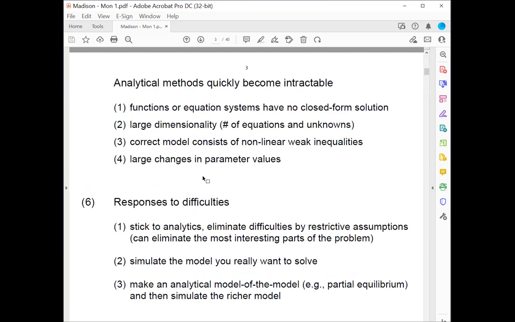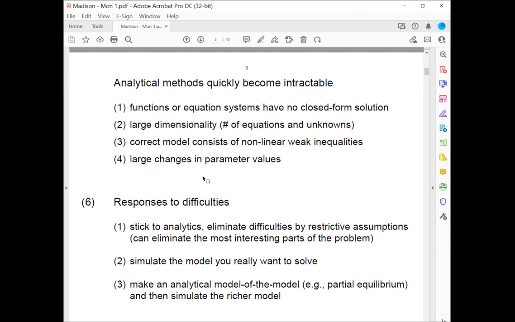So again, my frustration was sort of at the end of the 80s, and then a great thing happened to me. I met Tom Rutherford, who introduced me to GAMS. But some analytical methods, as I said, quickly become intractable. There are a number of reasons. Functions or equation systems have no closed form solution. The large dimensionality of the problem you actually want to work on.